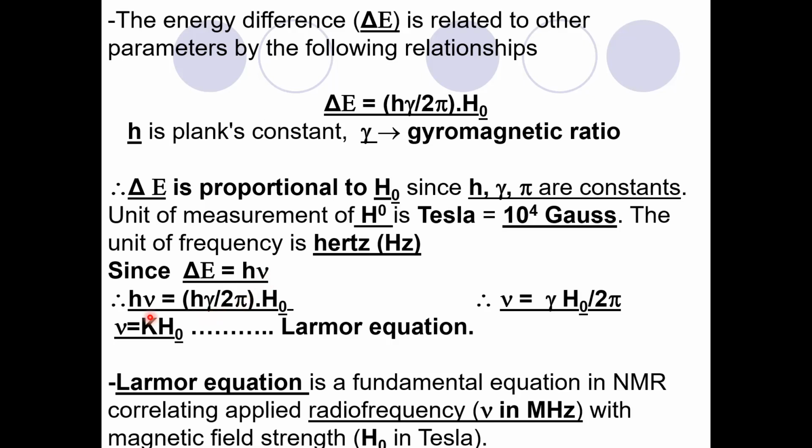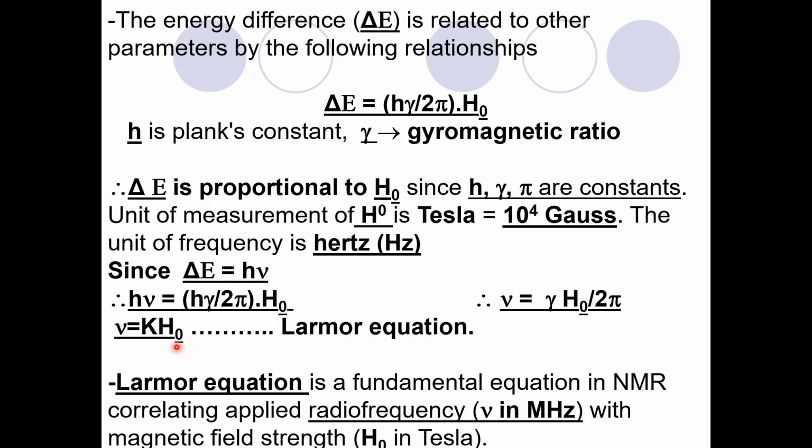Therefore, h nu is equal to h gamma over 2 pi multiplied by magnetic field strength. This equation can be simplified as nu equals gamma over 2 pi multiplied by H naught, or nu equals a constant multiplied by H naught. This is called the Larmor equation, a very fundamental equation in NMR.